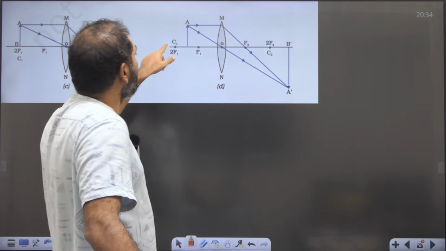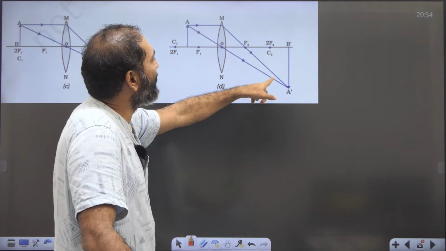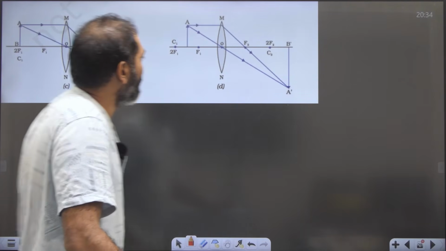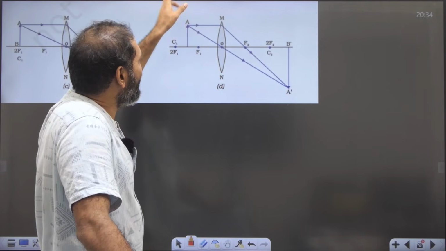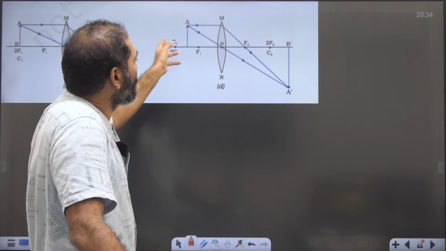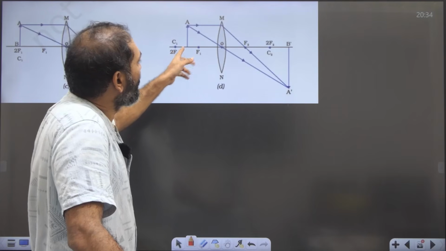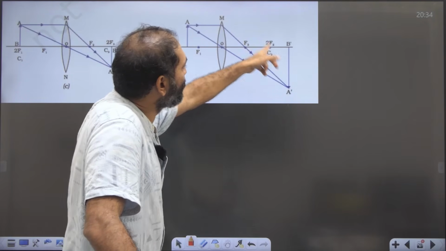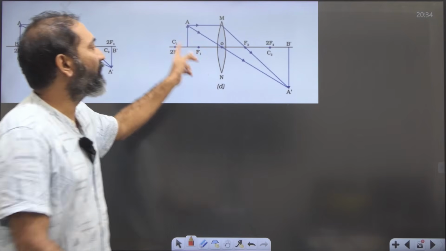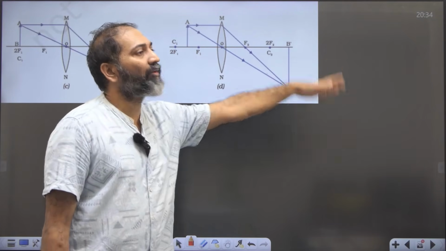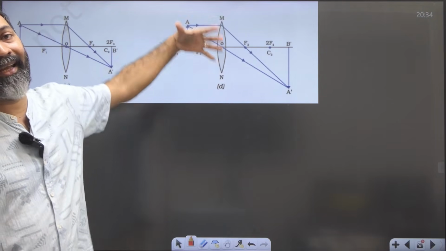Now, when the object is between 2f1 and f1, we get a magnified image beyond 2f2. f1 is the first focal length, 2f1 is 2 times the first focal length. On the other side we have the second focal length, 2 times the second focal length. So when the object is between f1 and 2f1, the image is formed beyond 2f2: real, inverted, magnified.